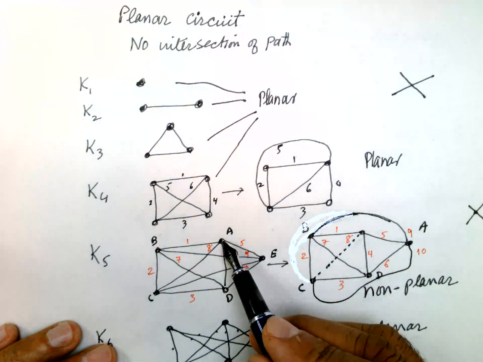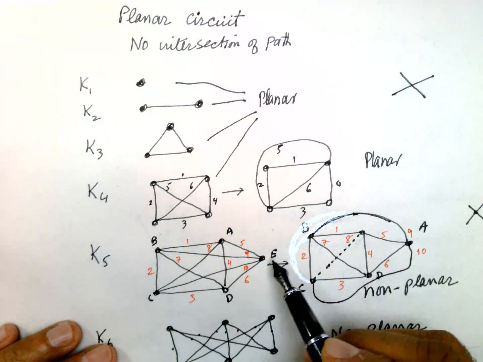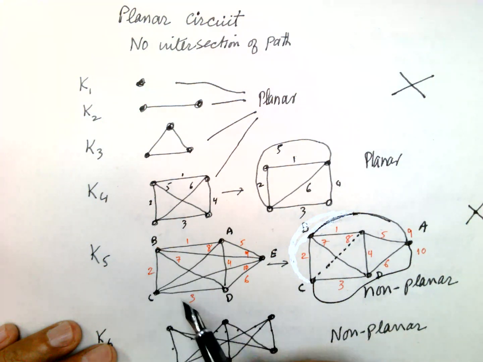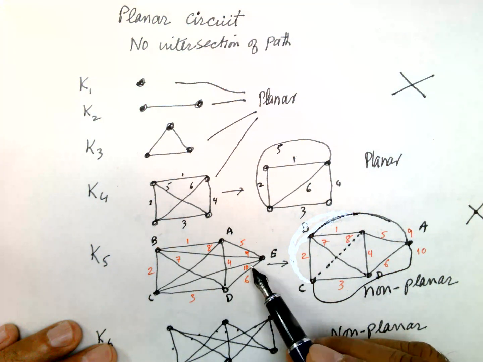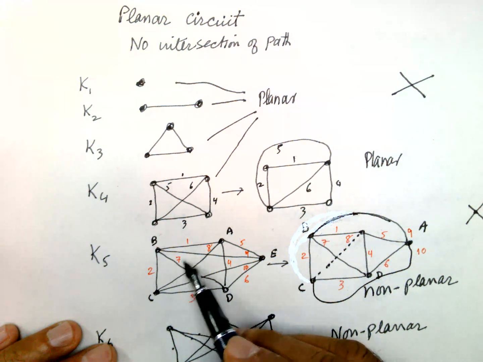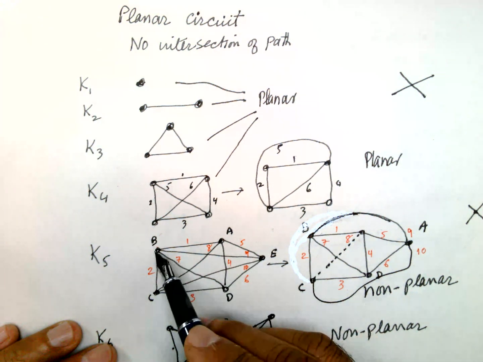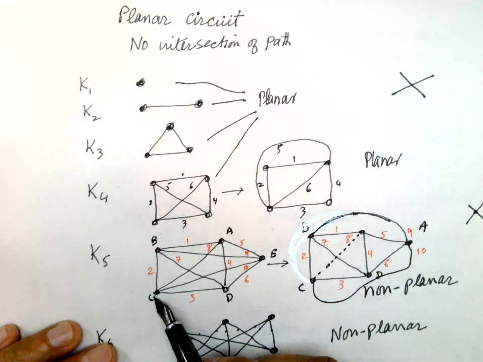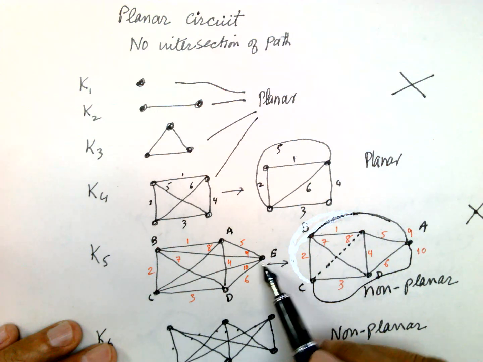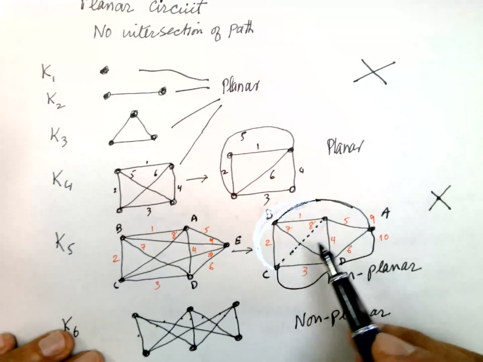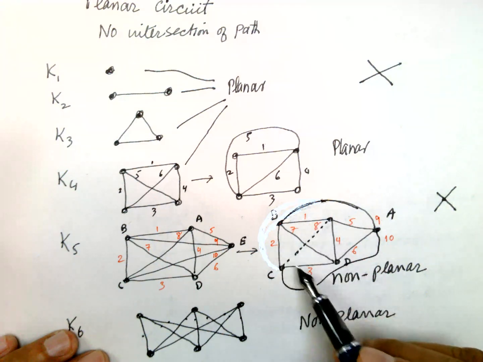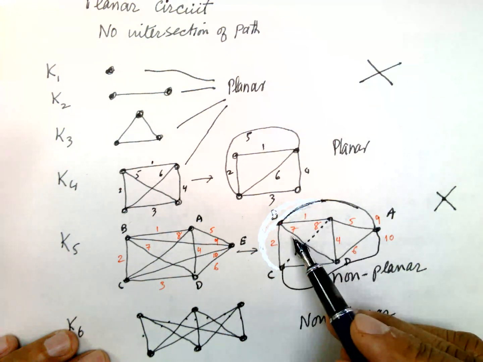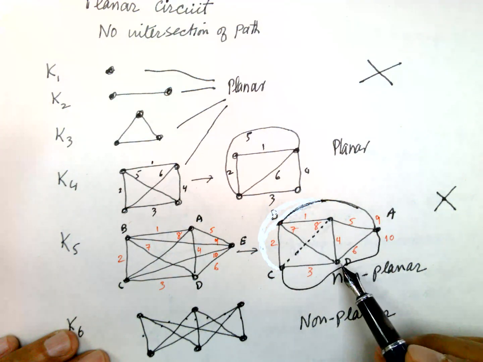So these are the vertices 1, 2, 3, 4, 5, and the edges 1, 2, 3, 4, 5, and this is 6, this is 7, this is 8, and 9, from this one to this one, and 10 from C to B. These can be represented like this. Edges 1 through 7 have no problem.